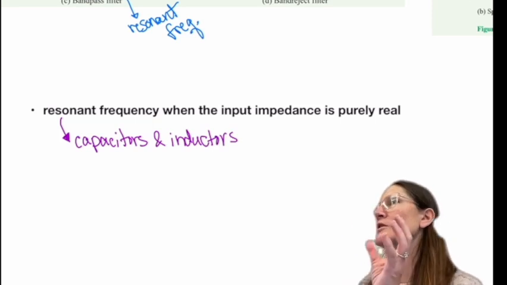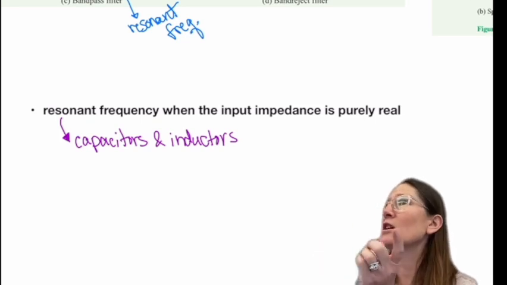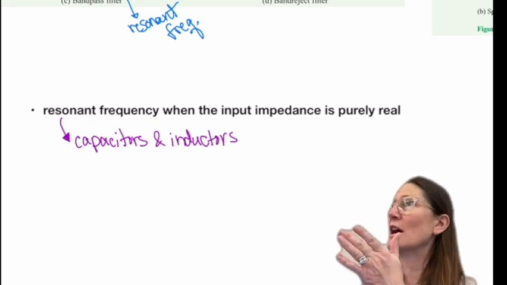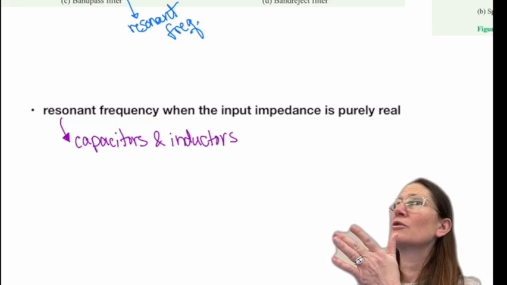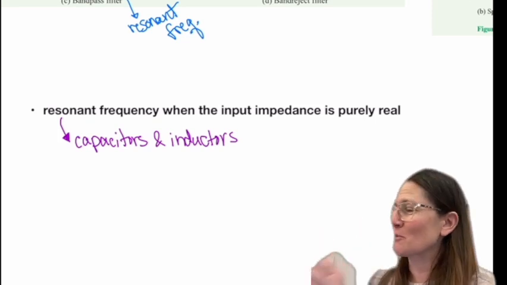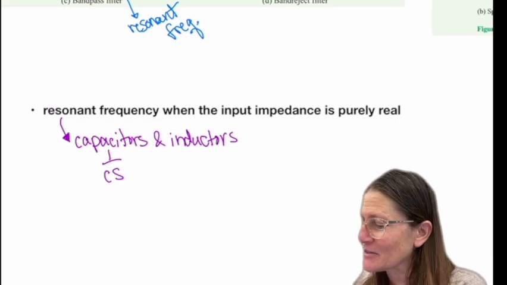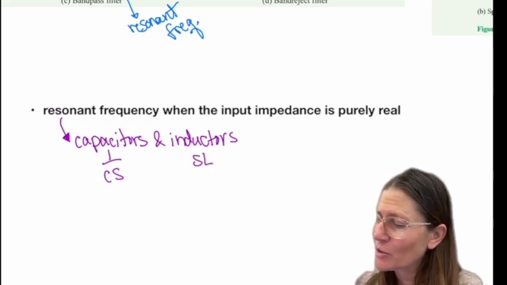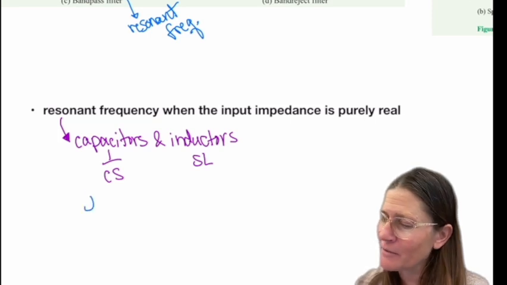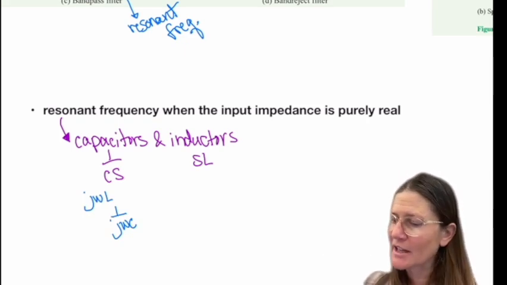So remember, the inductor is a positive value, a positive LS, and the capacitor is a negative, 1 over CS. Let me write this out. 1 over CS, and this is SL. So substituting in j omega L, 1 over j omega C. Remember, 1 over j becomes a negative number.